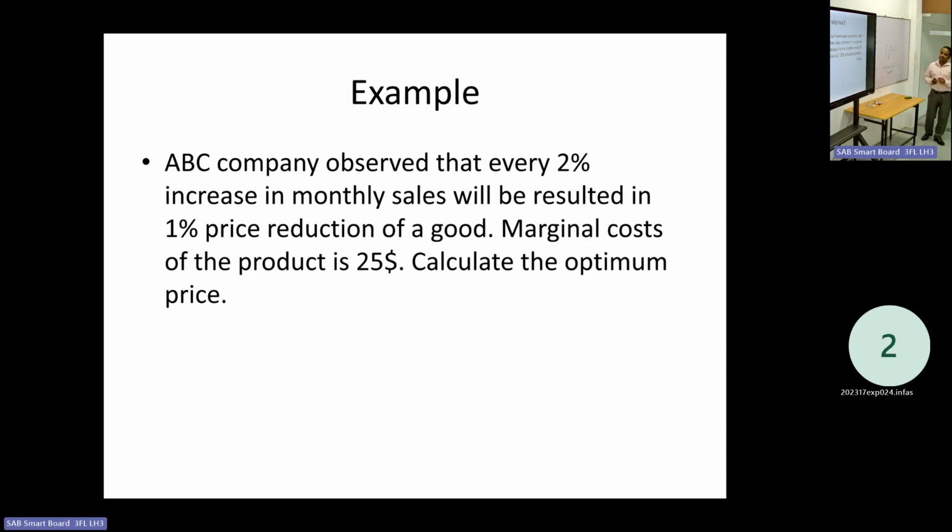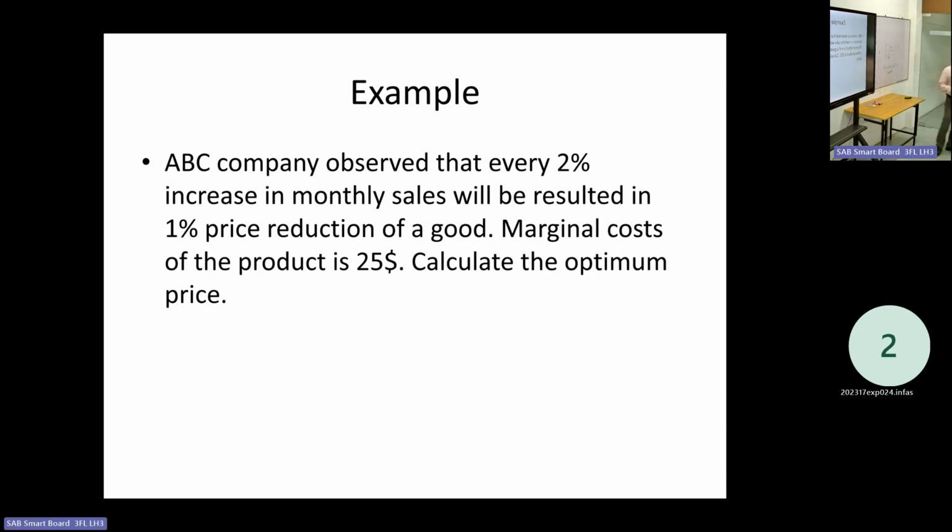We know the marginal cost is given as $25. Now there is information given for the price elasticity. How do we calculate the price elasticity? It is the percentage change in demand divided by the percentage change in price.